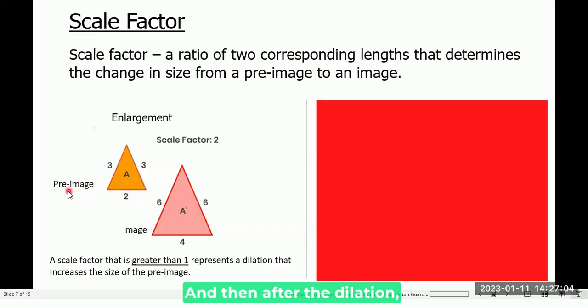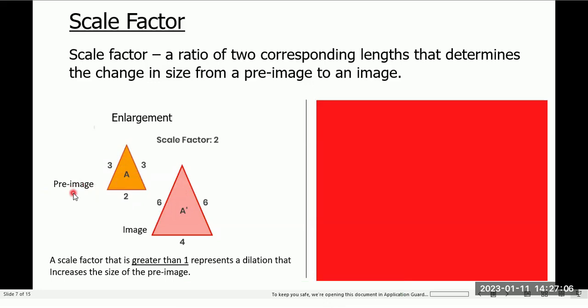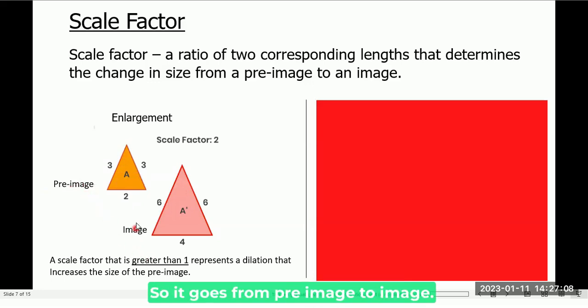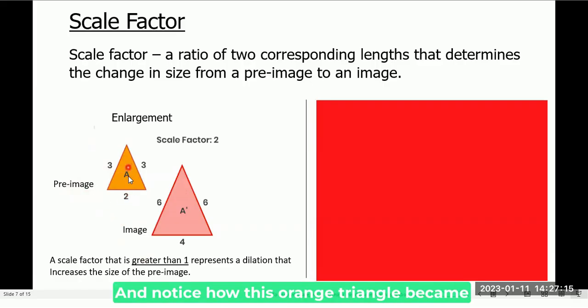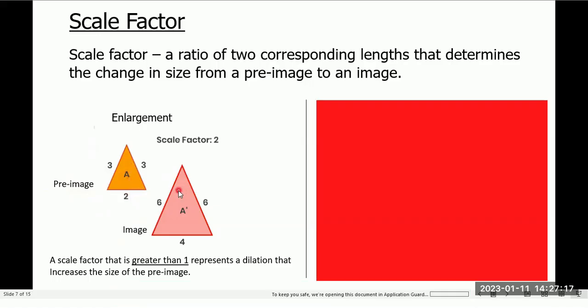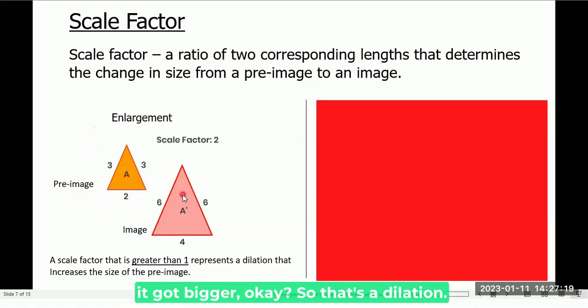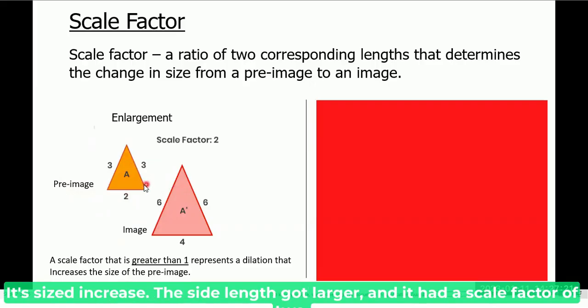After the dilation, it becomes the image. So it goes from pre-image to image. Notice how this orange triangle became larger. It got bigger, so that's a dilation. Its size increased. The side lengths got larger.